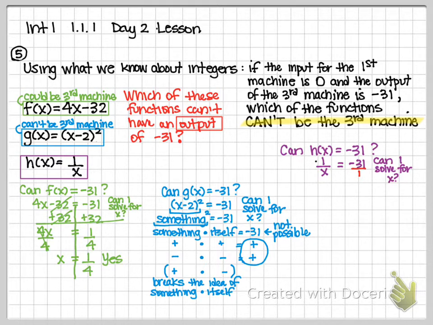So I'm going to do 1 times 1. That's going to give me 1 equals. Now multiply the other diagonal. It's going to give me negative 31 times x. And if I multiply those two together, that gives me negative 31x.